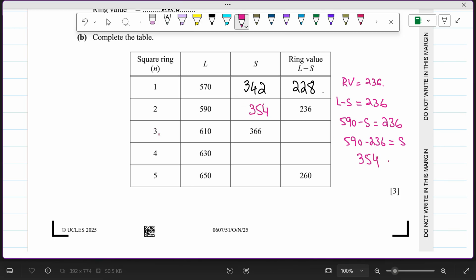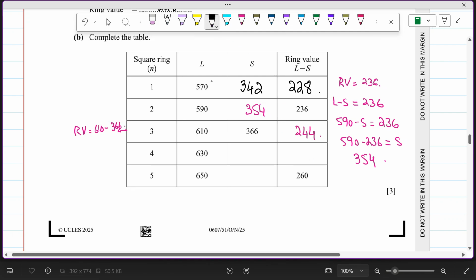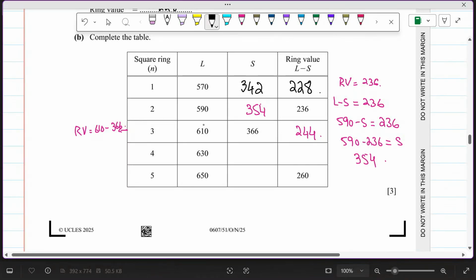Similarly, when n is equal to 3, we have L, which is 610, and S, which is 366. So we can find the ring value by subtracting S from L. In this case, the ring value is equal to 610 minus 366, which is equal to 244. Now, you can observe that there is a pattern in the value of L: 570, then 590, then 610. So there is an increment of 20.